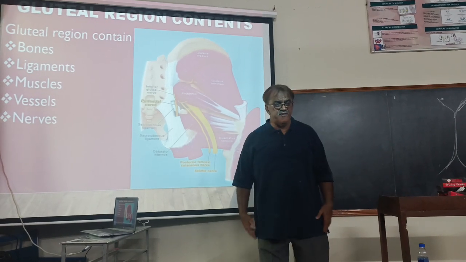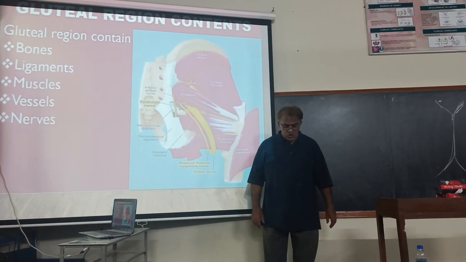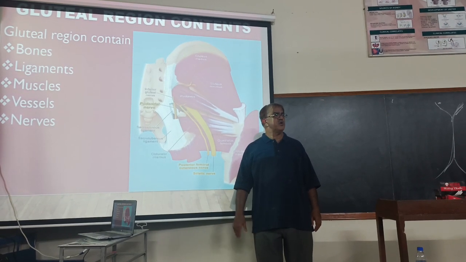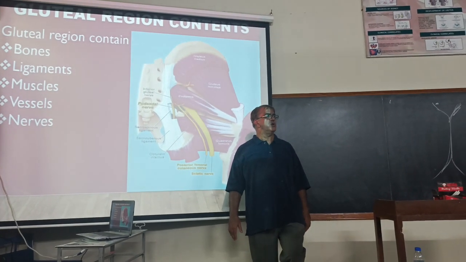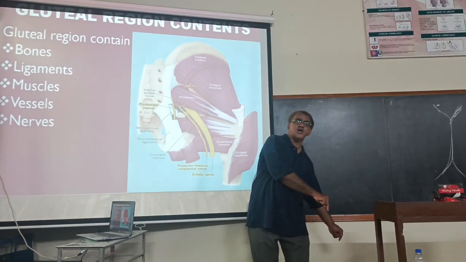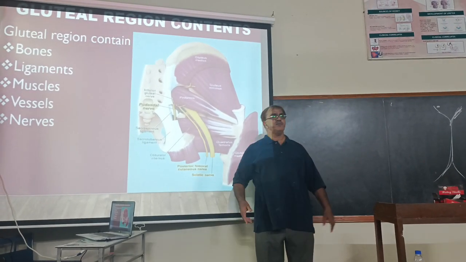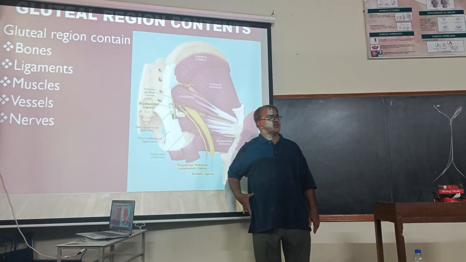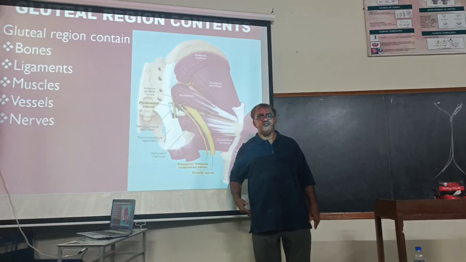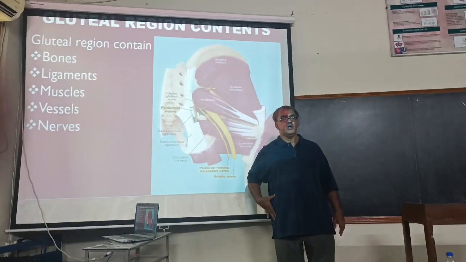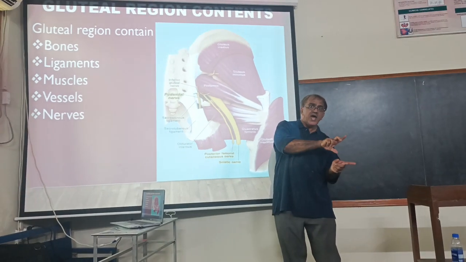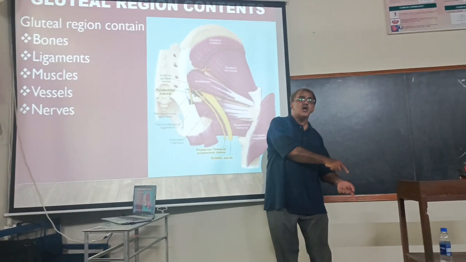Now whenever you are walking, one foot is on the ground. Suppose your right foot is on the ground and your left foot is off the ground, and your left side has a tendency to fall downwards because of gravity. Now the insertion is fixed, the femur is fixed. Your pelvis has the tendency to tilt on the left side, the unsupported side.